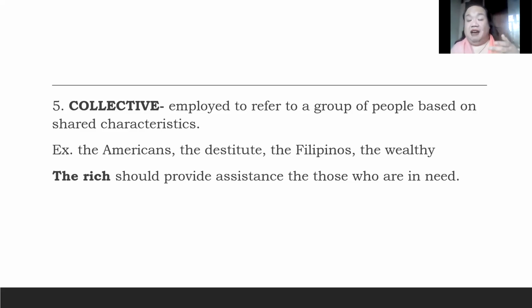When I say the Americans, we're talking about a group of people whose race, whose origin, whose descent are actually American. So for example, the rich should provide assistance to those who are in need. We're referring here to those sectors who belong to the rich people, who are actually rich people.